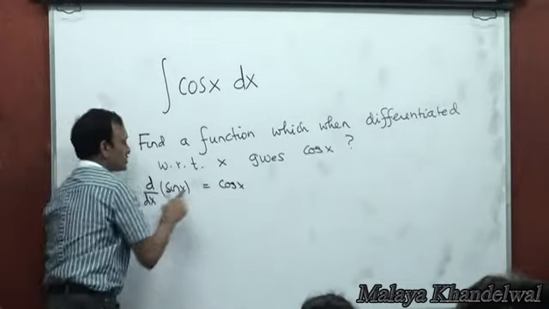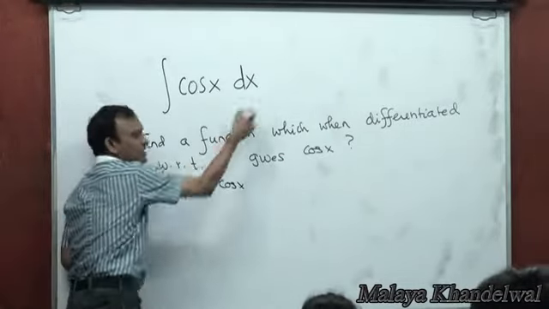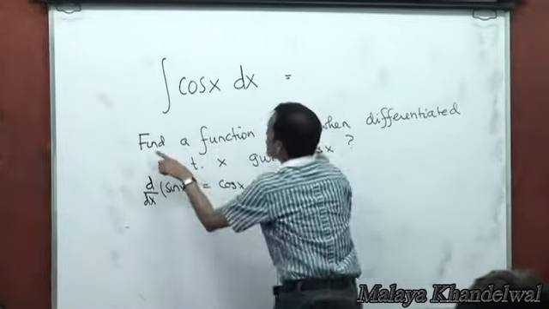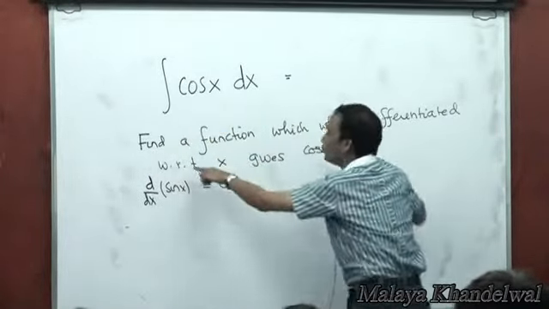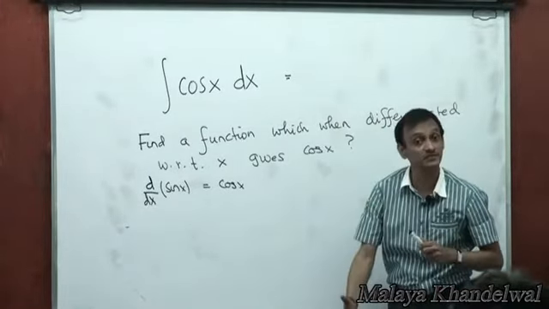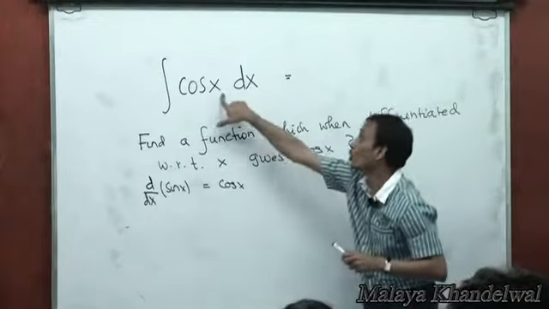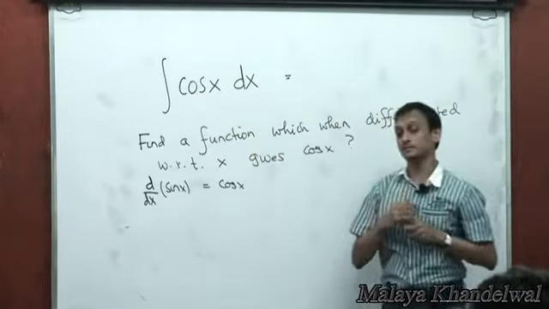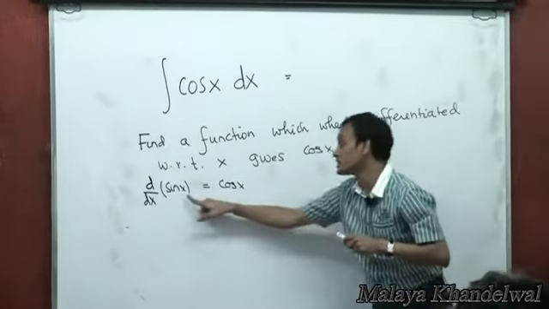So the answer to this question is sin x. Integral cos x dx means the right hand side would be equal to the answer to this question. Find a function which when differentiated with respect to x gives me cos x. The answer you know is sin x.